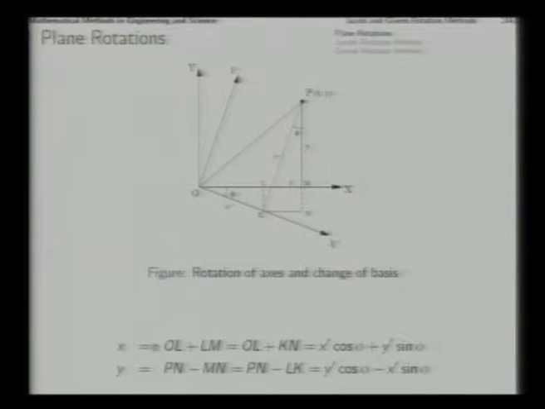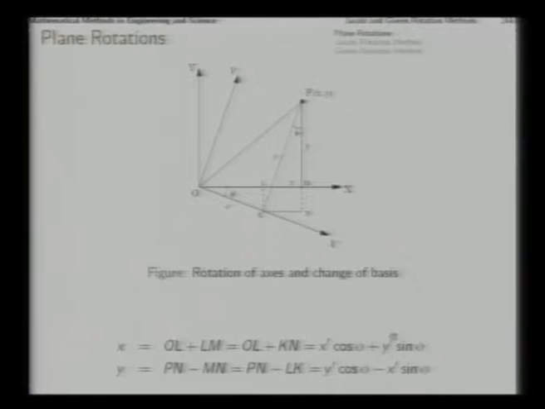So, x is OL plus LM, and OL from this triangle OKL, you find that OL is x prime cos phi, and this LM is the same as the parallel KN, which from this large triangle PNK you find is the same as y prime sin phi.